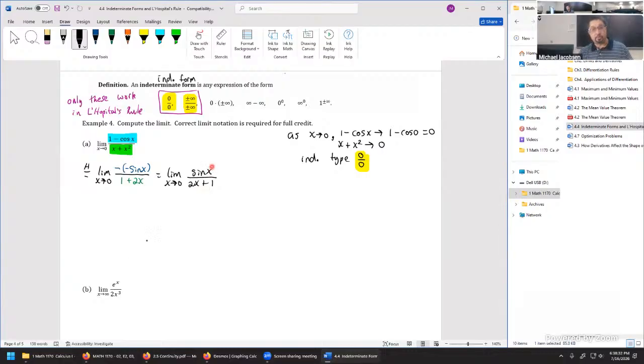As x tends towards 0, the numerator, we get a 0 altogether. So now we're using direct substitution. This becomes, through continuity, sine 0 over 2 times 0 plus 1. This becomes 0 over 1, but that's absolutely determinate. That's exactly equal to 0 no matter what. So now the limit is done.